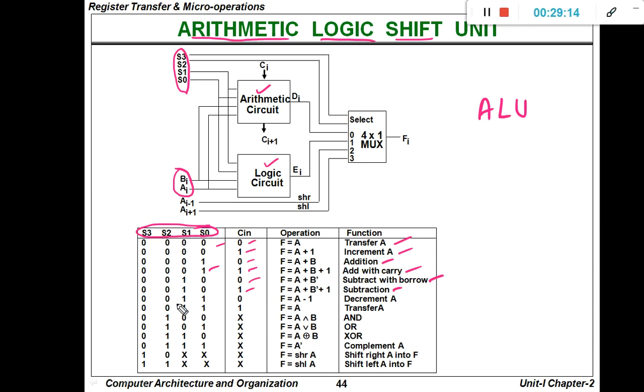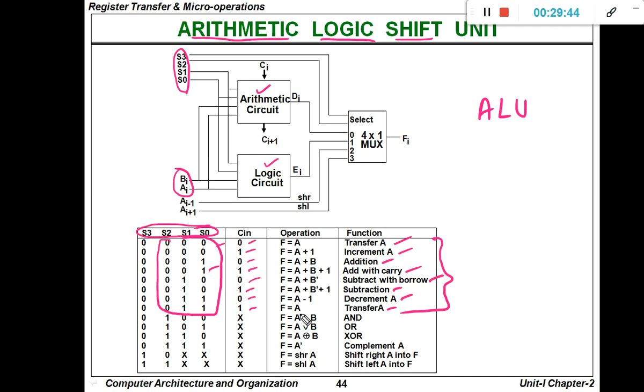And whenever the value is 0, 0, 1, 1 and the input carry is 0, the operation to be performed is decrement A, and for 0, 0, 1, 1 and Cin is 1, the operation to be performed is transfer A. If you observe, all these operations are the arithmetic operations we have already discussed in the arithmetic circuit.